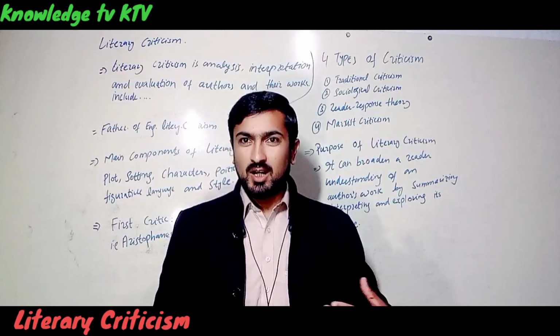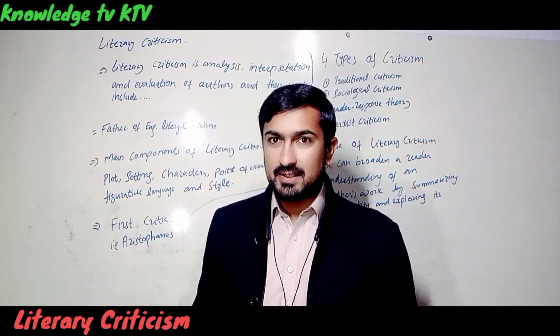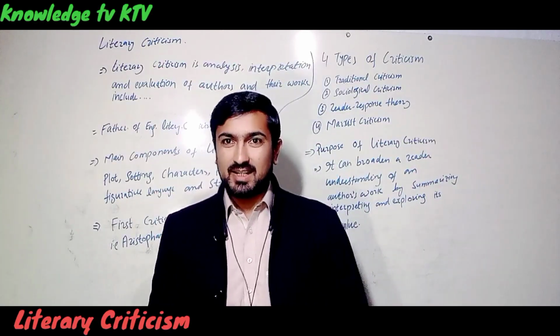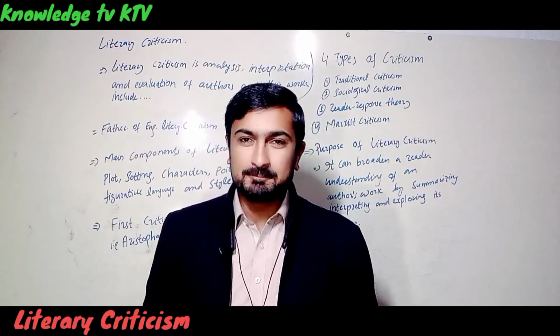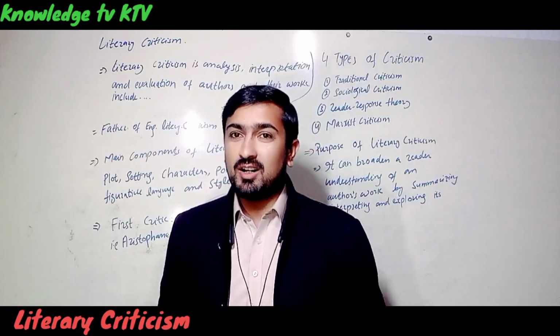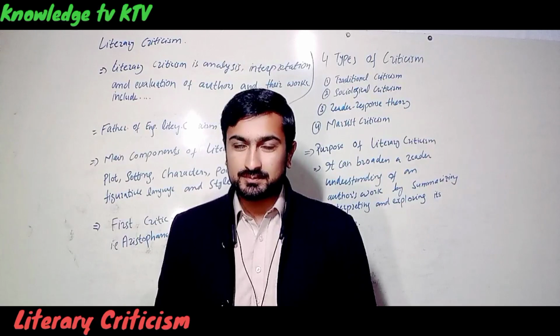You interpret how the writers write this, what are the main themes, is this work related to society or not. So these things come under the definitions of literary criticisms.